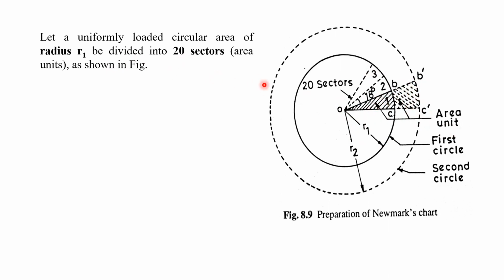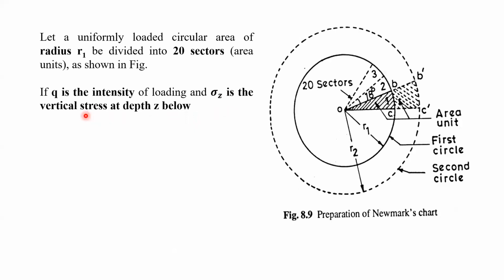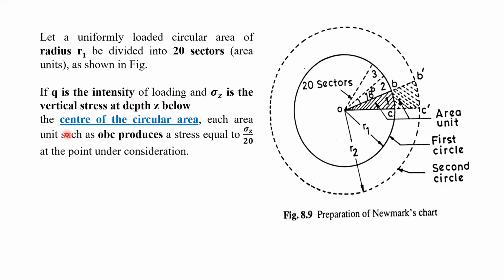So once you divide it into 20 sectors, definitely one sector will be 18 degrees, because the total angle is 360 degrees. So 360 divided by 20 will be 18 degrees. Now we can see, if q is the intensity of loading and sigma z is the vertical stress at depth z below the center of the circular area, each area unit such as OBC produces a stress equal to sigma z by 20. Why, how?